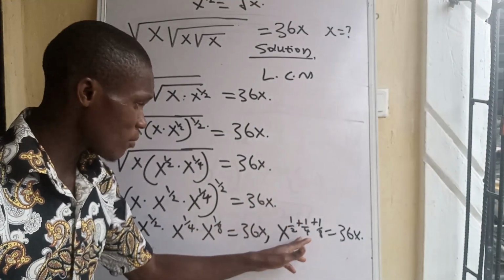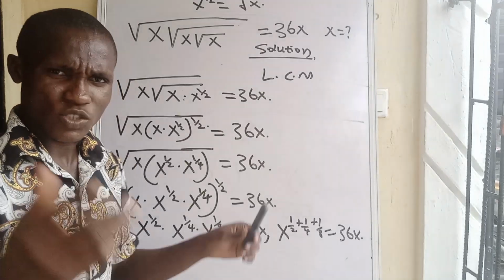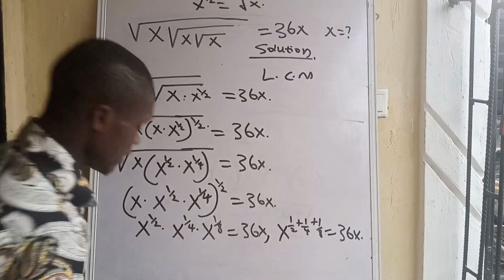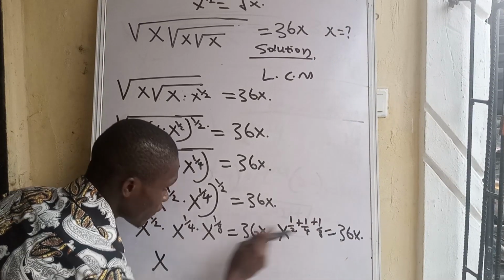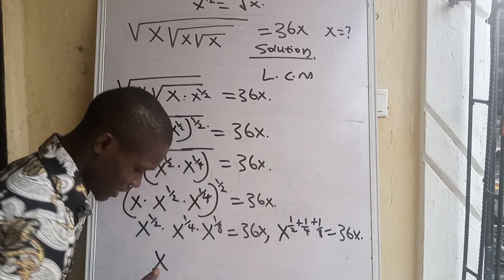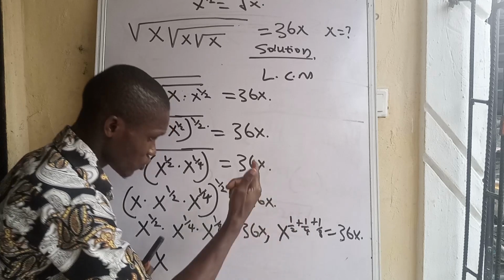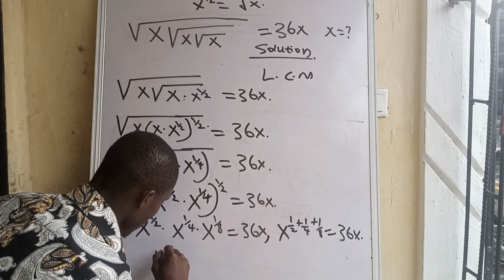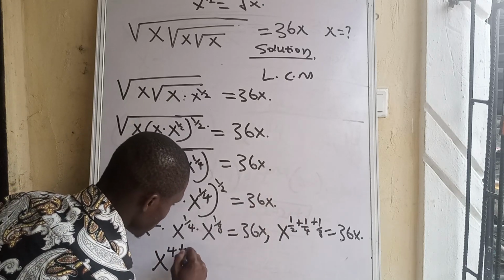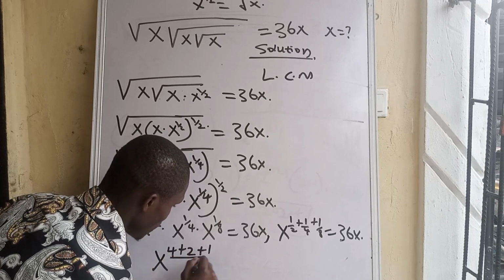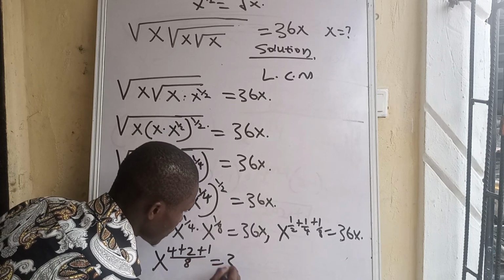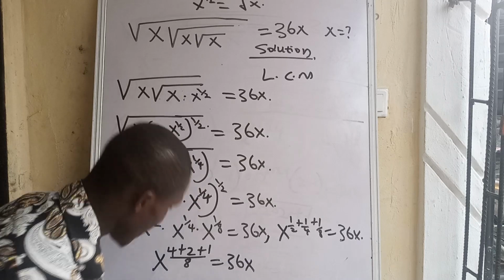In other words, the lowest common multiple of 2, 4, and 8 is 8. So we are saying x to the power of, looking for the LCM, 8 divided by 2 is going to give us 4, so we are going to have 4 plus 2 plus 1 all over 8 equals 36x.